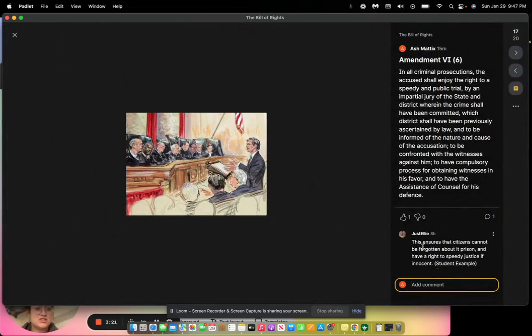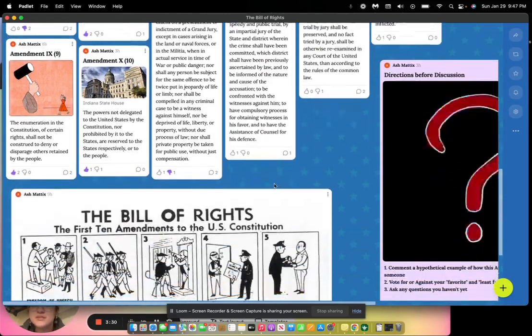Someone says, this ensures that citizens cannot be forgotten about in prison and have a speedy justice if innocent. Those are calling out specific examples.